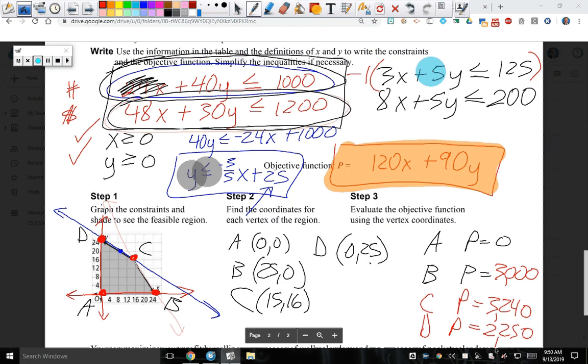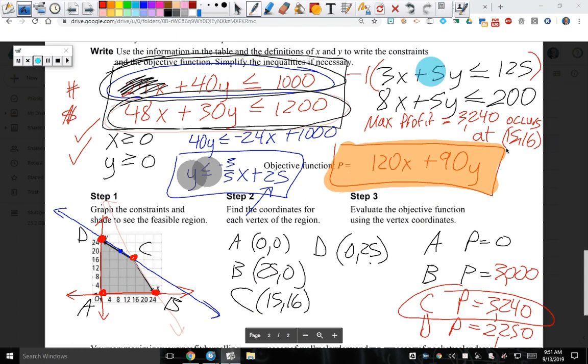So we're going to write down our maximum of profit, which is 3,240. So let's say max profit equals 3240 and occurs at x equals 15, y equals 16.